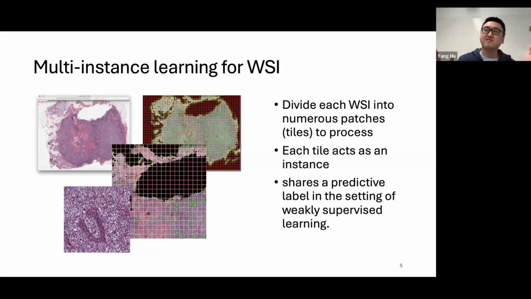You have a very strong resource to ask pathologists to help you annotate even each cell, so you have a lot of very good work on cell segmentation and other things. But usually we don't have that resource. So we use the weakly supervised paradigm called multi-instance learning to predict and share one predictive label for the whole slide.